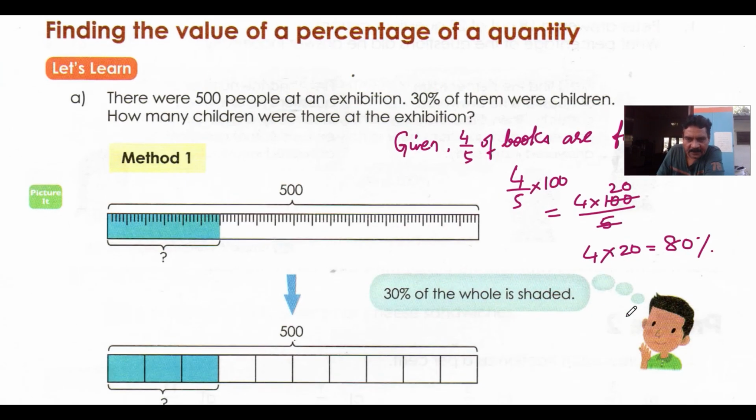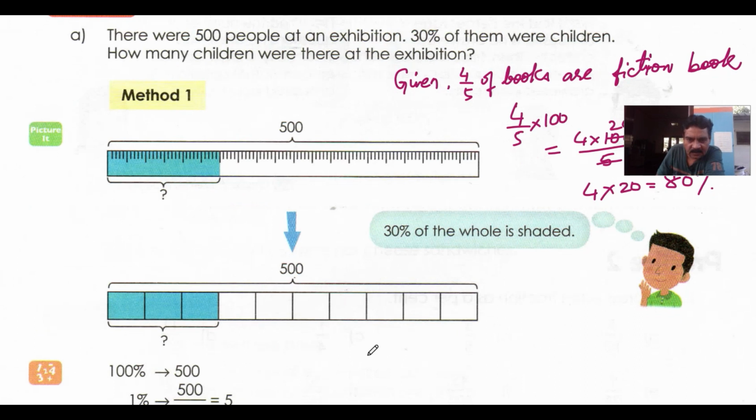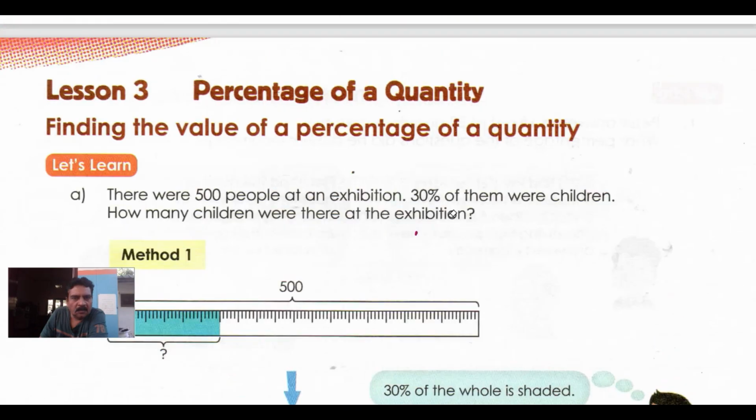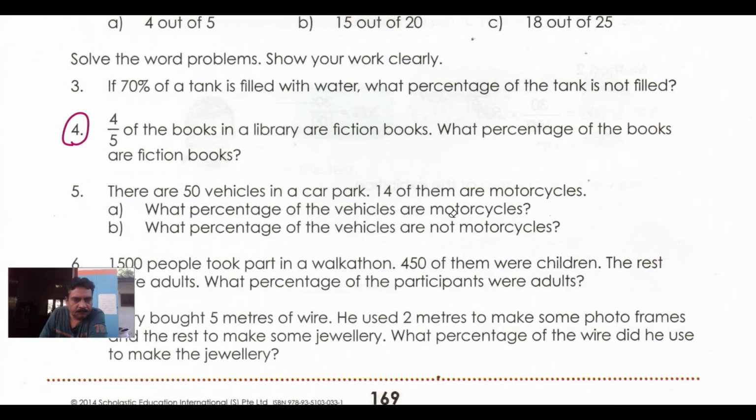So we can say at the last, 80% of the books are fiction books. This is your answer. Now let's go to the next one, that is problem number 5.